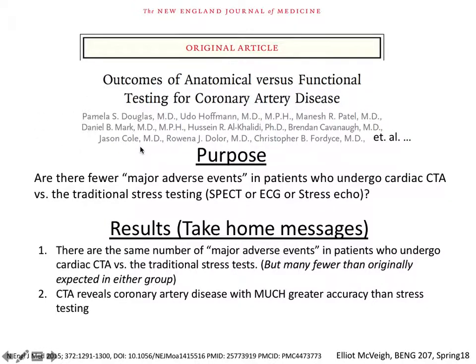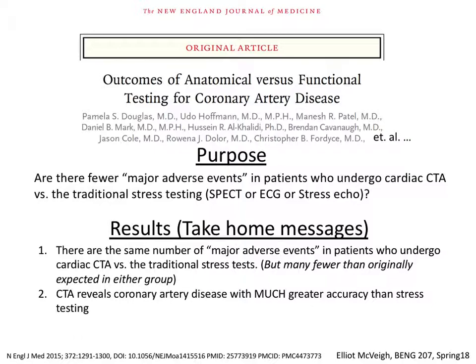And so the purpose, when you read the introduction, you restate what is the major purpose of this paper. Why are we here? What are we doing? We want to answer the question, are there fewer major adverse events, that's called MACE, major adverse cardiac events, in patients who undergo cardiac CTA versus traditional stress testing?